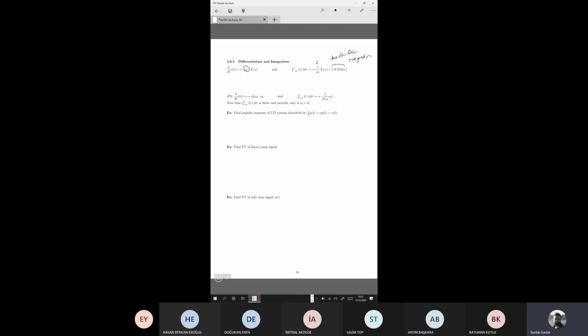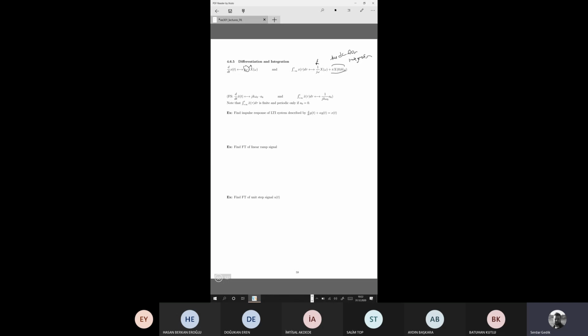Well, I will not deal with the proof of this, so if you are interested, please go and check the book, but just know that derivation means multiplication by j omega in Fourier domain. Integration means division by j omega in frequency domain plus some DC terms.